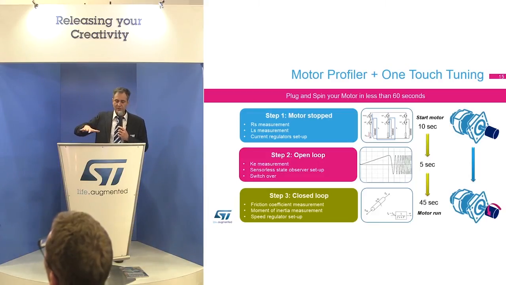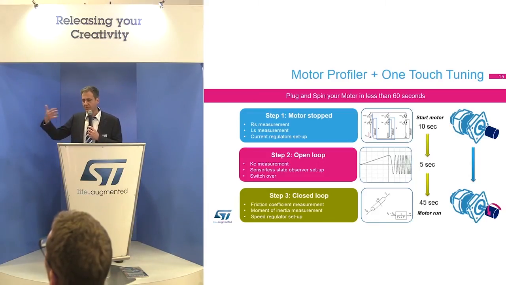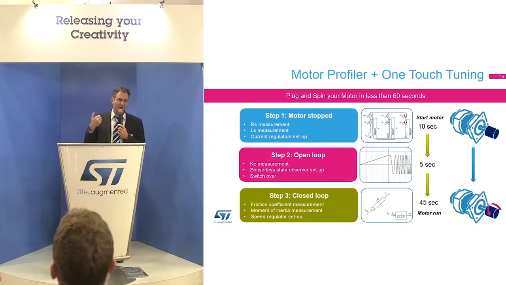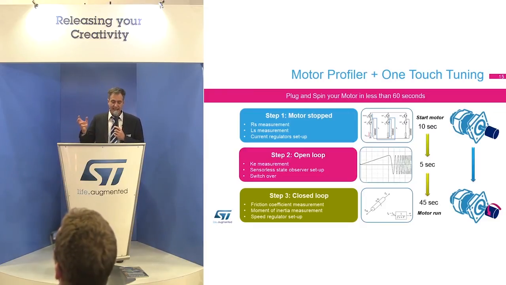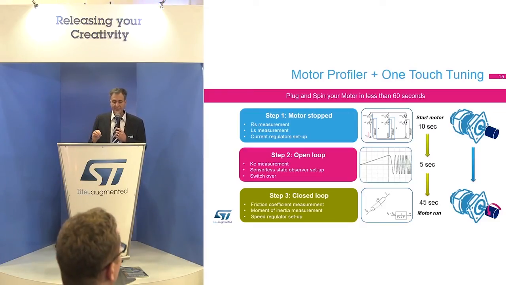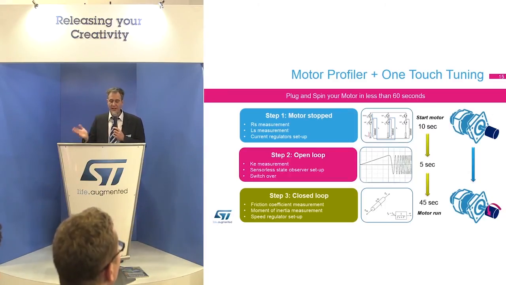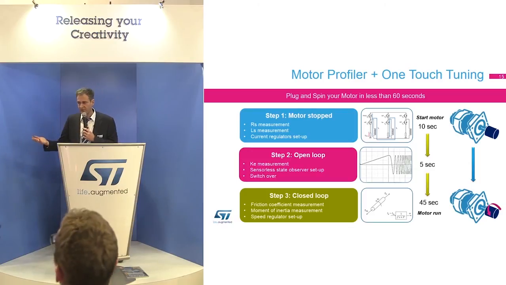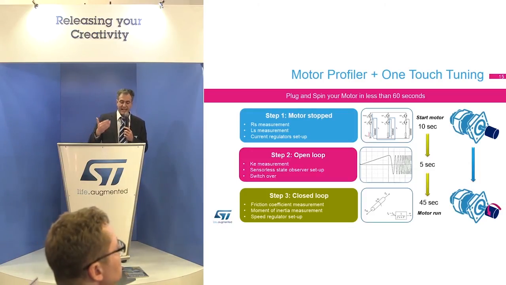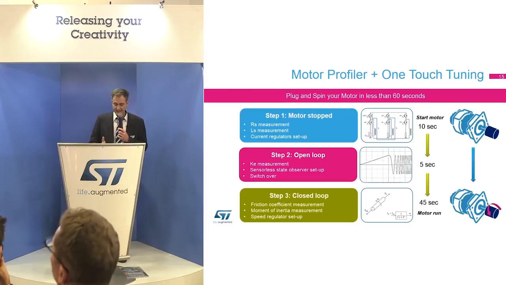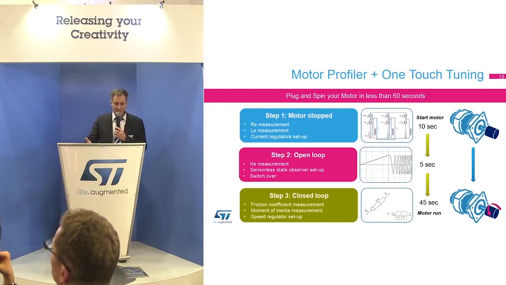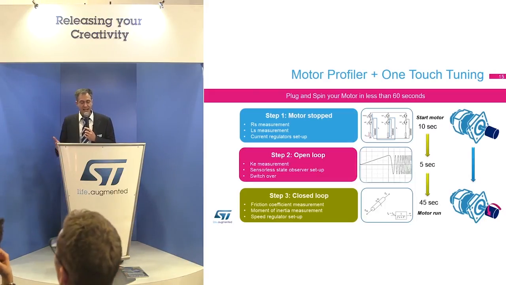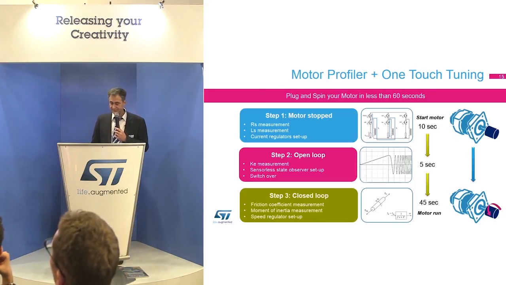In step 2, we start the motor in open loop, and we can perform the KE measurement, so the back EMF measurement, and we can set up the sensorless controller, and we switch over from the open loop to the closed loop control in order to perform the last part of the tuning, that is the measurement of the frictional coefficient, of the moment of inertia of the system, and to tune the speed regulator.